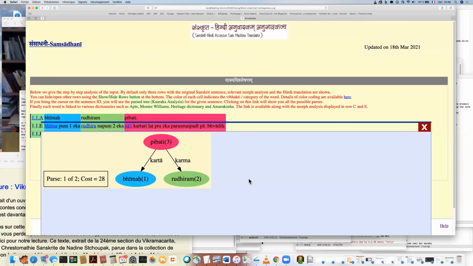In my system, the color codes are the lexical categories, like nouns, verbs, adverbs, whereas in Madame's system, they are more precise and they indicate the vibhakti, because the vibhakti is what you need in order to know the karaka.